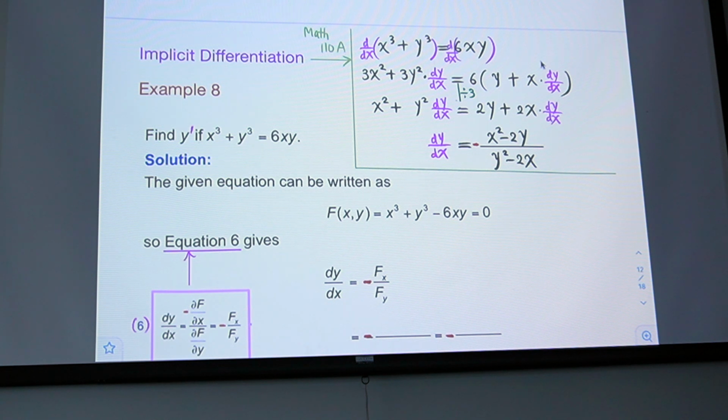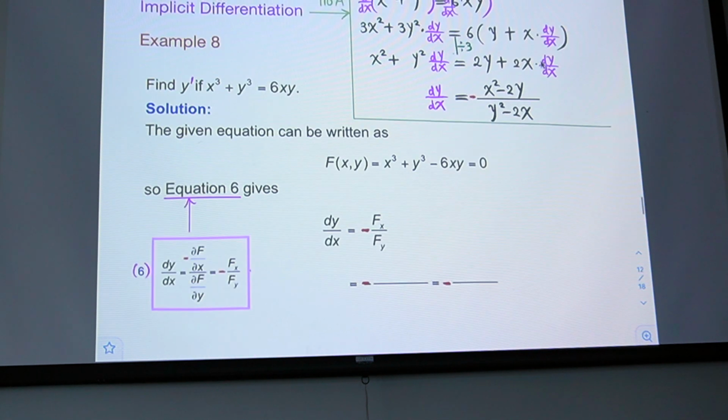Now today we're going to do it a little bit differently, in Math 110C. We have the same equation. For this equation, you can move every term to the left side. If you move the 6xy to the left, this side here becomes 0.